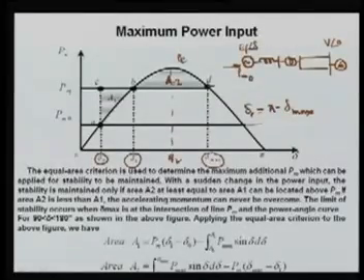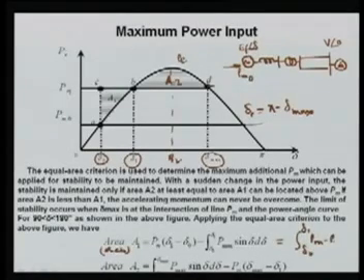Applying the equal area criteria to the above figure, area A1, that is area ACB, is the integration from delta naught to delta 1 of PM minus PE d delta.